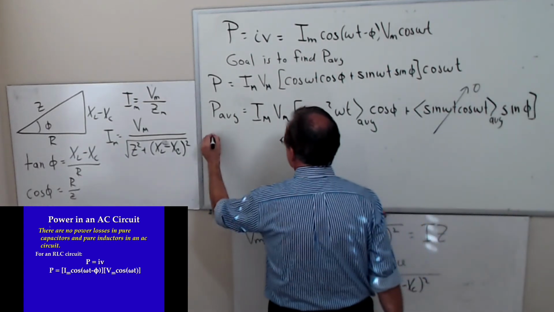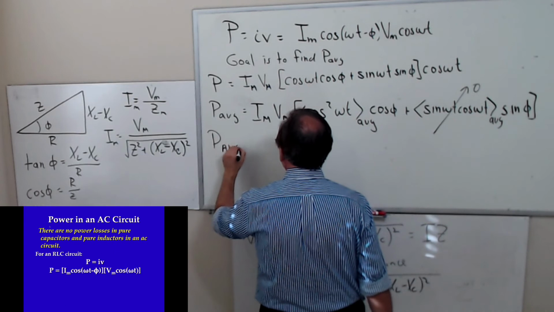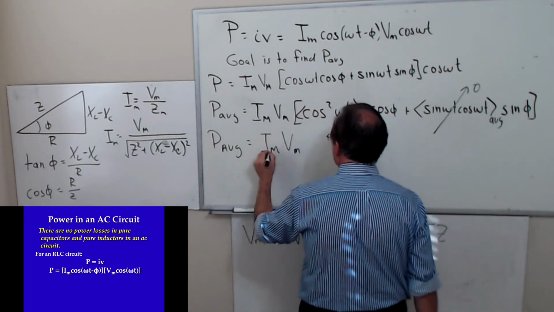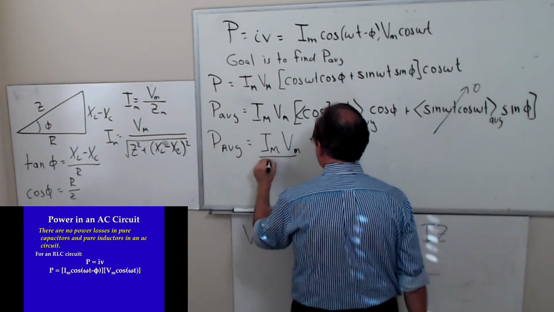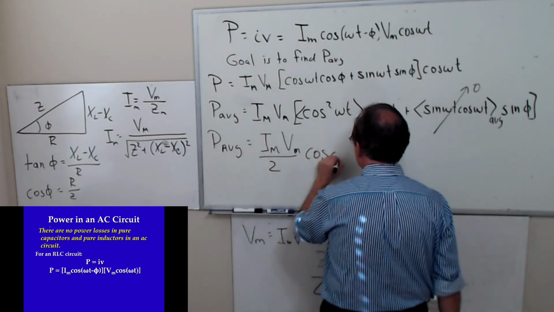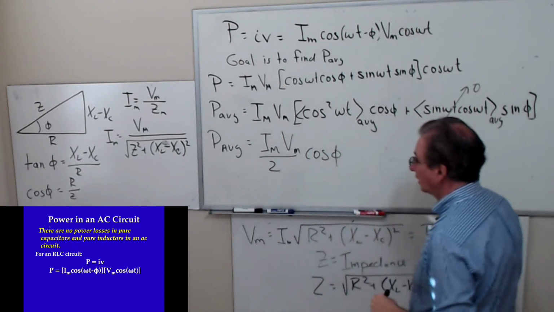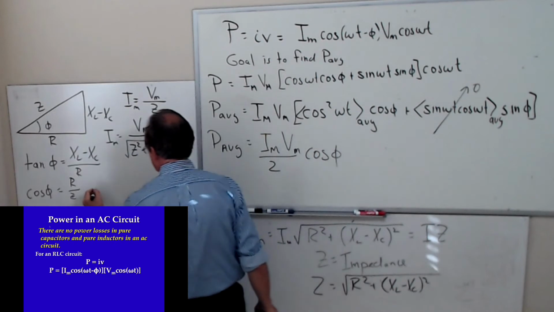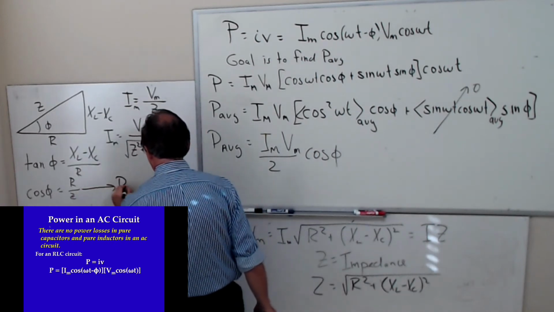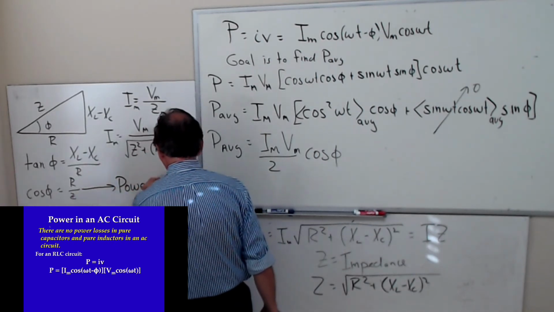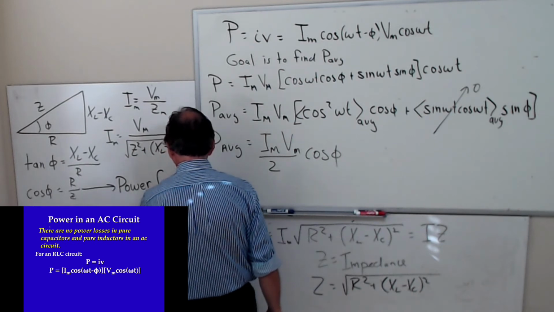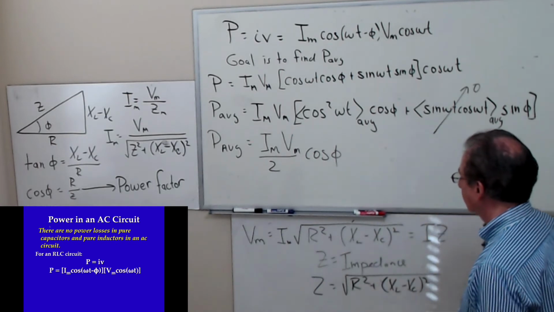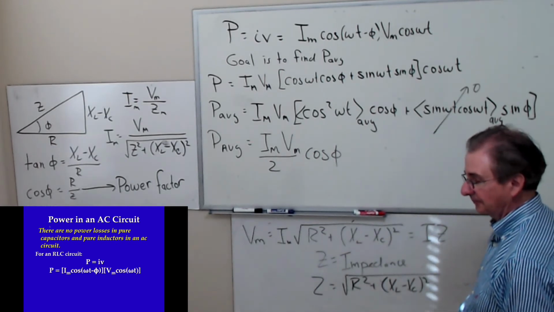And so P average is I sub m V sub m times a half cosine of phi. There's a name for this. This is called a power factor. Okay?